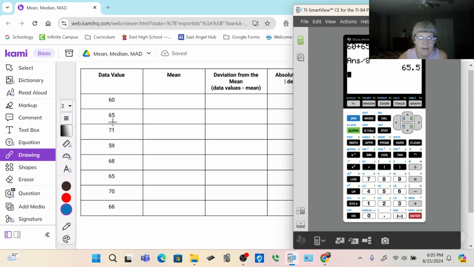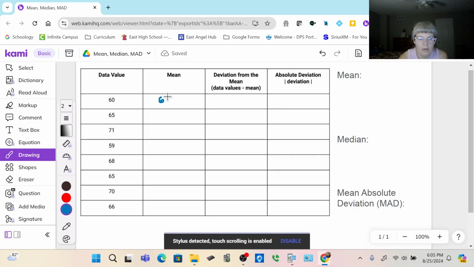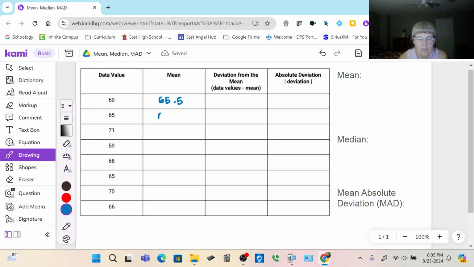And I'm going to write that number in every cell here. 65.5, 65.5, 65.5.